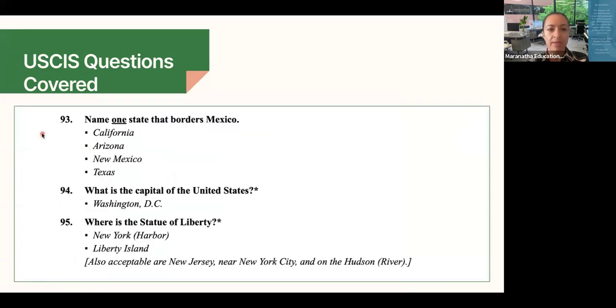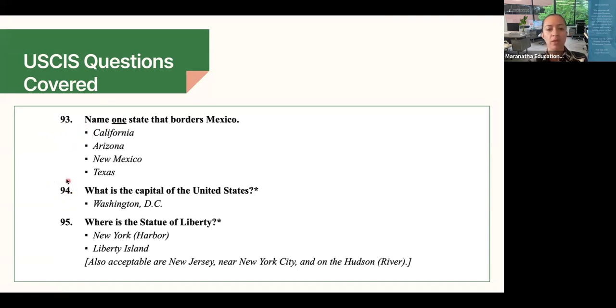Question 93. Name one state that borders Mexico. You have 4 choices, but remember, you only need to provide one. My favorite state to answer this question is California.